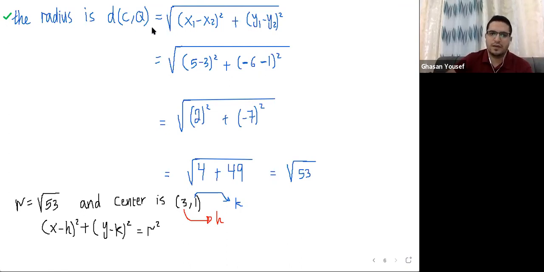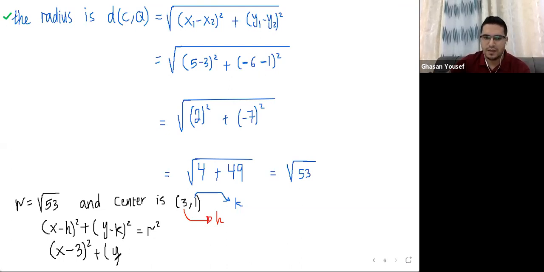Now plug inside the equation, so I get x minus h is 3 square plus y minus k is minus 1 square equal the radius square, the square root of 53, everything square.